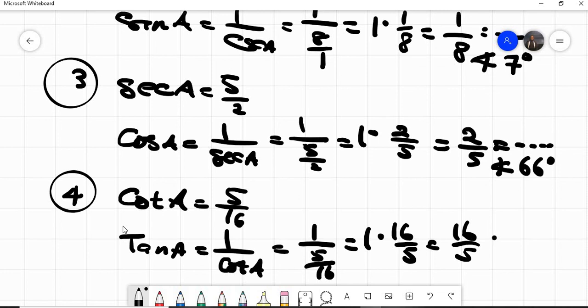If we write it as a mixed number, it's 3 and 1 over 5, so 3 point something. Then when we write tan inverse, the angle is 73 degrees. That's how to do it.